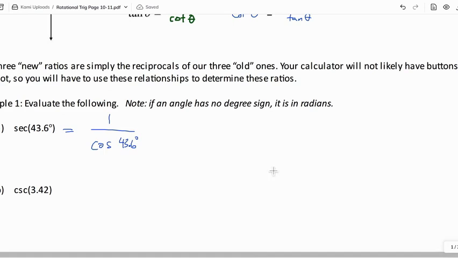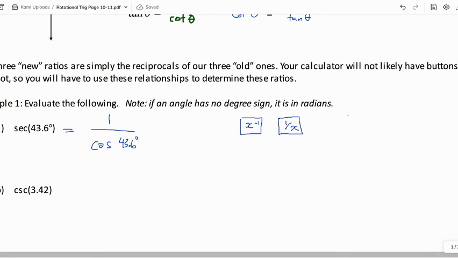Now, in this case, I want you to use the proper button. I do not want you to type 1 divided by. So which button are you looking for? No, I don't want you using fraction. I want you to recognize that this is a reciprocal button, right? So x to the power of -1, or your calculator might have 1 over x.